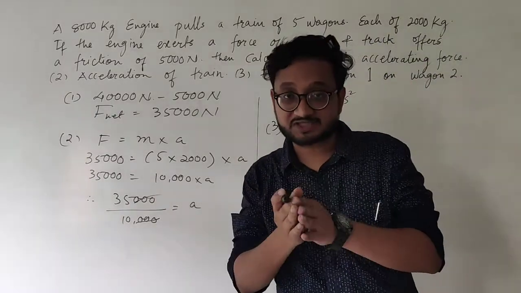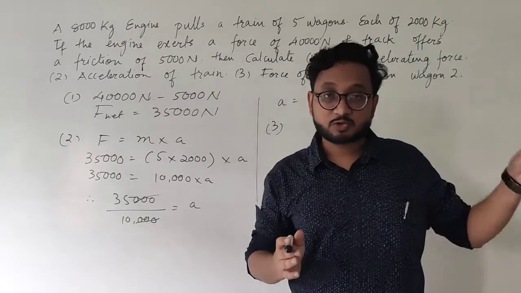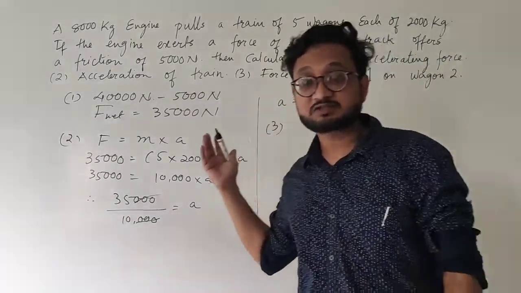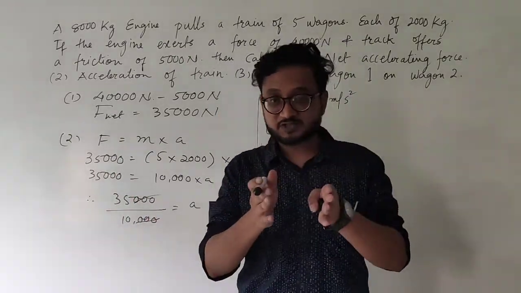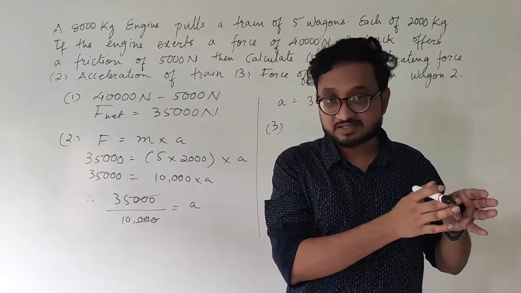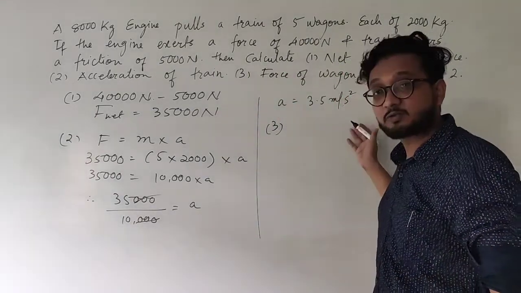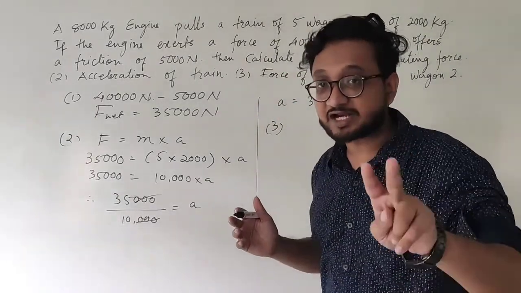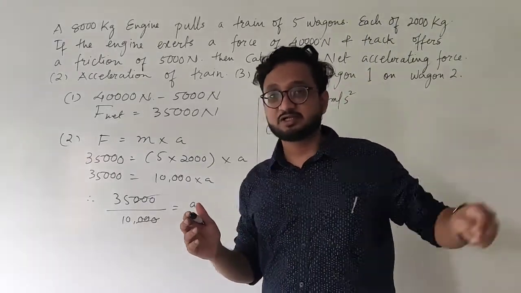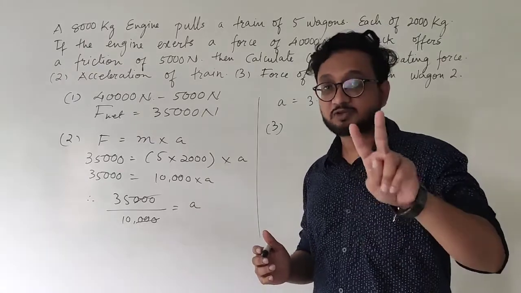So you need to subtract that much force from the total force, so you can know what is the net force remaining on this second wagon. Because on the first wagon there is 35,000 newtons force, on the second wagon it will be a little bit less. So you need to find out what is the net force on the second wagon, because after the second there are third, fourth and fifth remaining wagons.